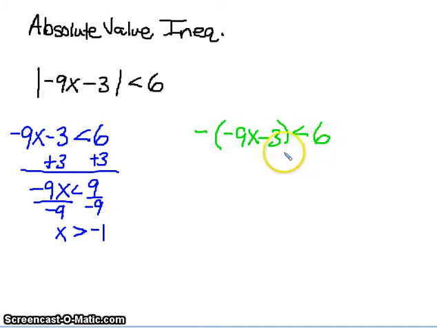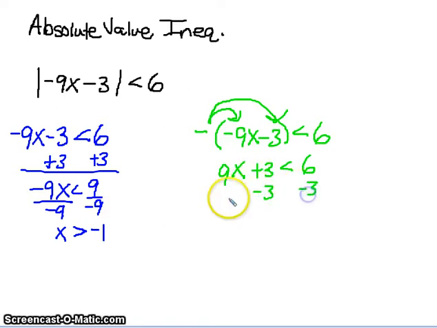On the second equation, we are going to distribute that negative first, which leaves us with 9x plus 3 is less than 6. And we are going to subtract 3 from both sides. We get 9x is less than 3.